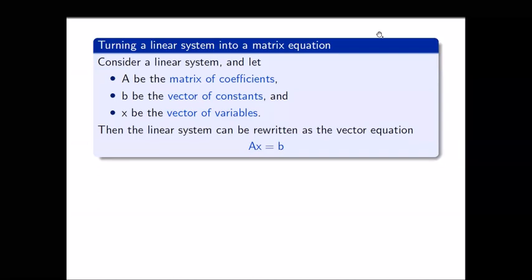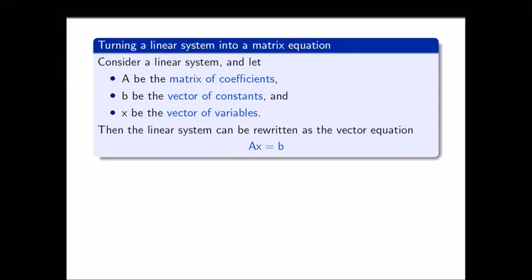Okay, so now using the ideas that we've seen up until now, we can turn any linear system into what we call a matrix equation. So say you have a linear system of equations, then you can define a matrix of coefficients and you can define a vector of constants. Recall that the matrix of coefficients and the vector of constants are the things that you get by separating the 2 parts of an augmented matrix.